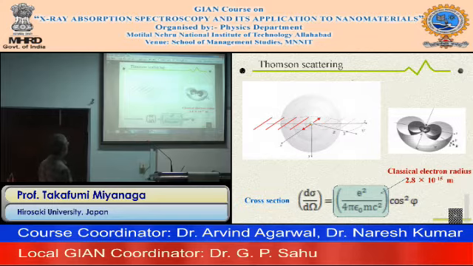So the electron moves at the same frequency, and then emits secondary X-rays with the same frequency. The incoming direction is this Z direction, and the outgoing X-rays go over all angles except for one direction.